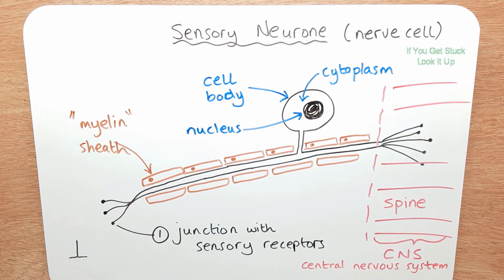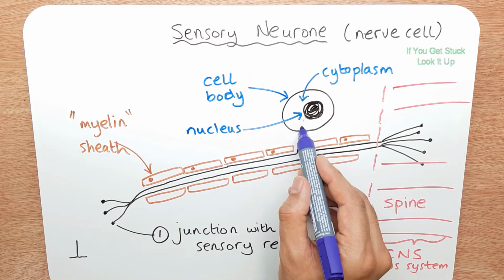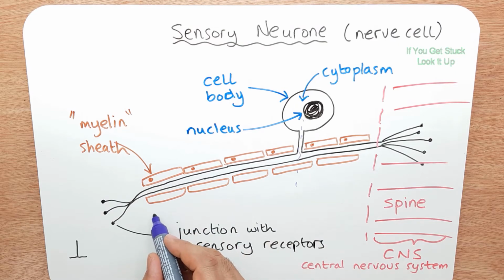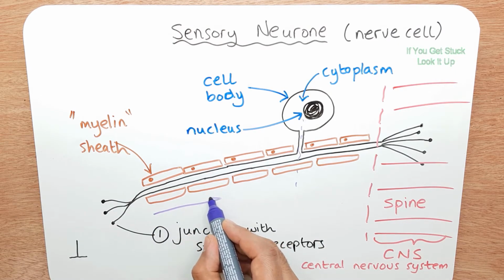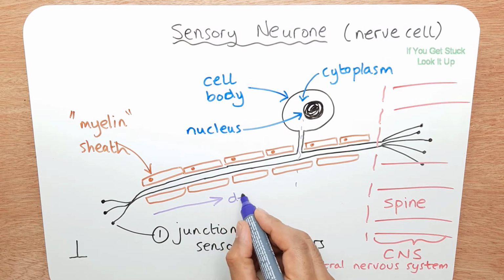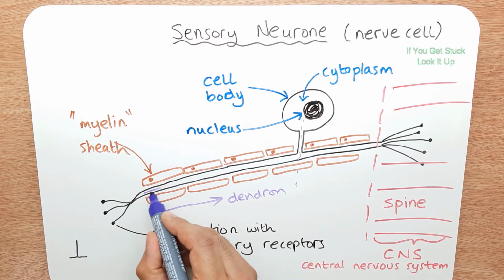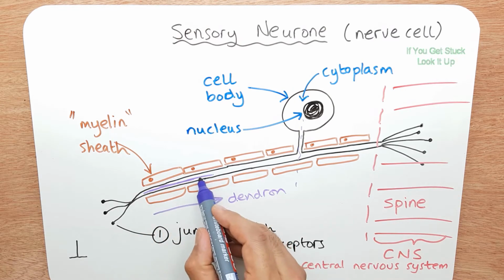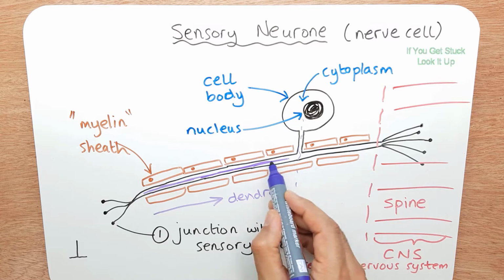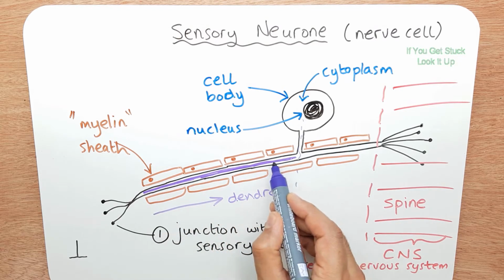Now I want to point out this part. There's the cell body. Any signal going towards the cell body runs along the dendron. So this bit here is the dendron, we're going to keep it simple.